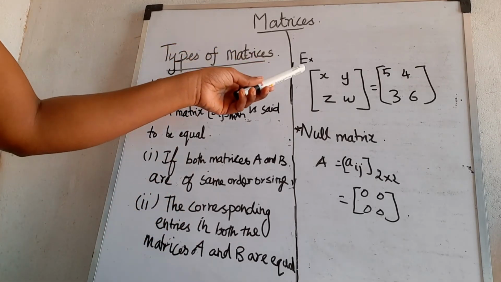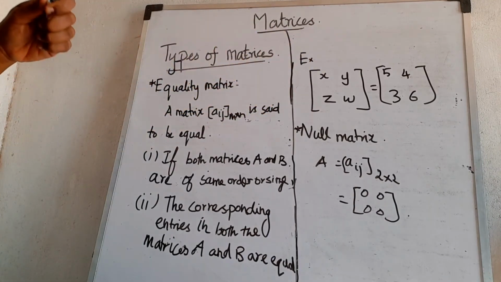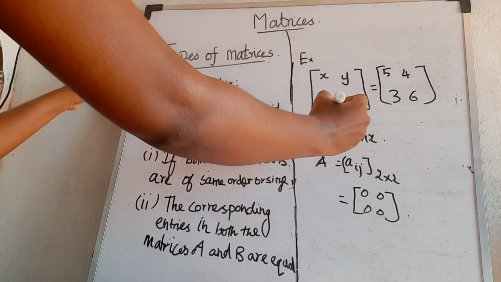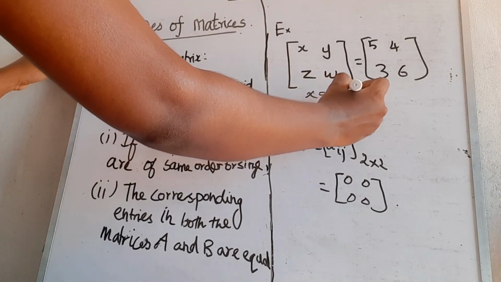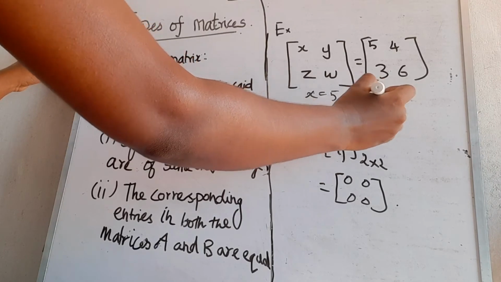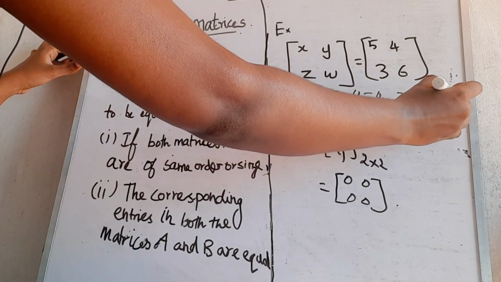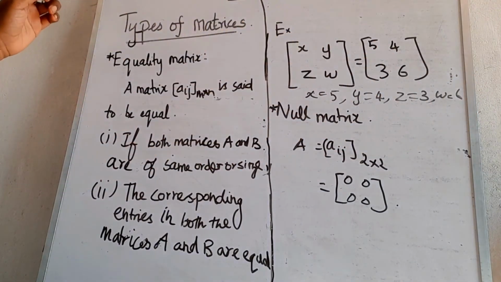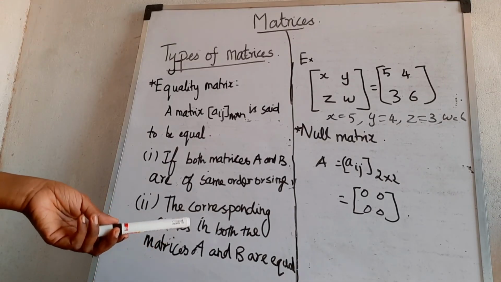So when you compare, you can write x is equal to 5, y is equal to 4, z is equal to 3, then w is equal to 6, like that you can write. So the corresponding entries in both the matrices A and B are equal.